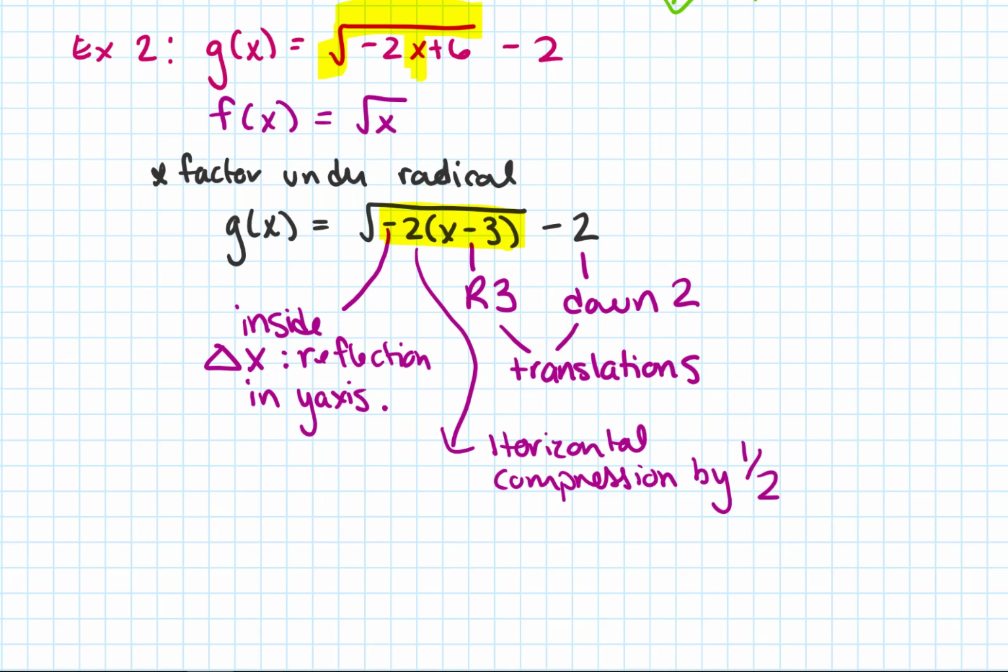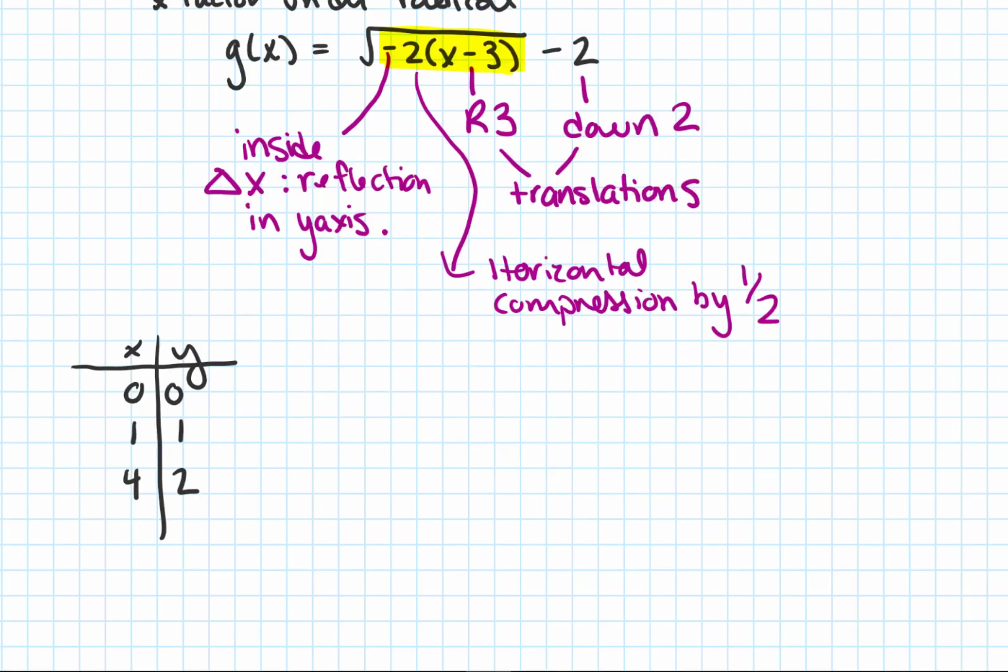Now we have to put all of these things in our table of values. So here's my table of values for the parent function, which is the square root. Notice that I don't have any negatives because I can't take the square root of a negative. So I'm going to first apply my x's. So I have a negative, that's the reflection. So that's this part.